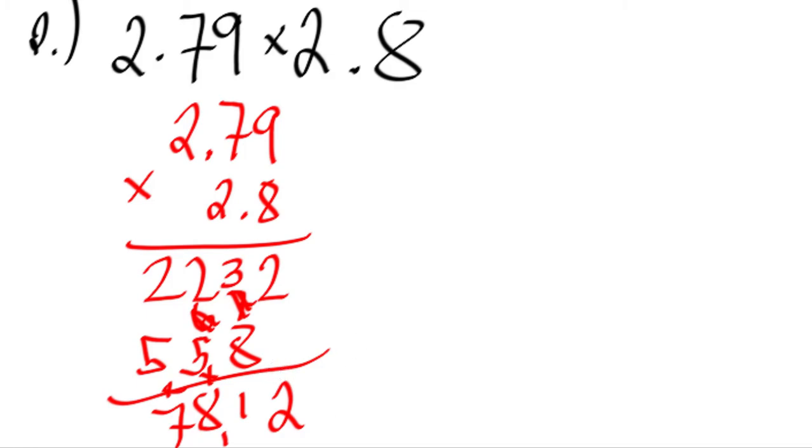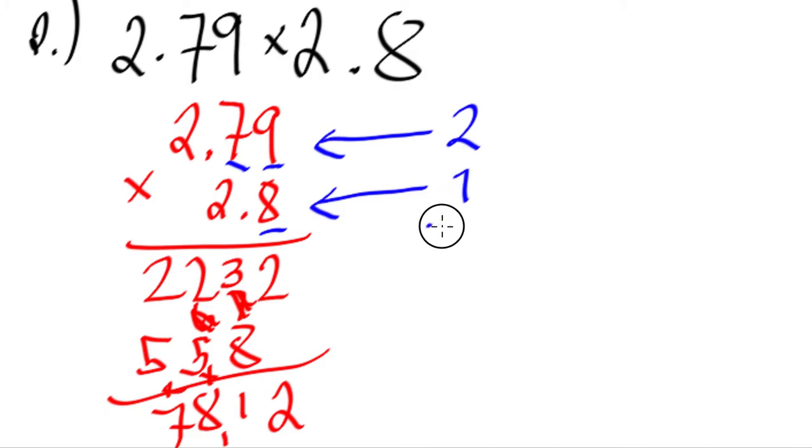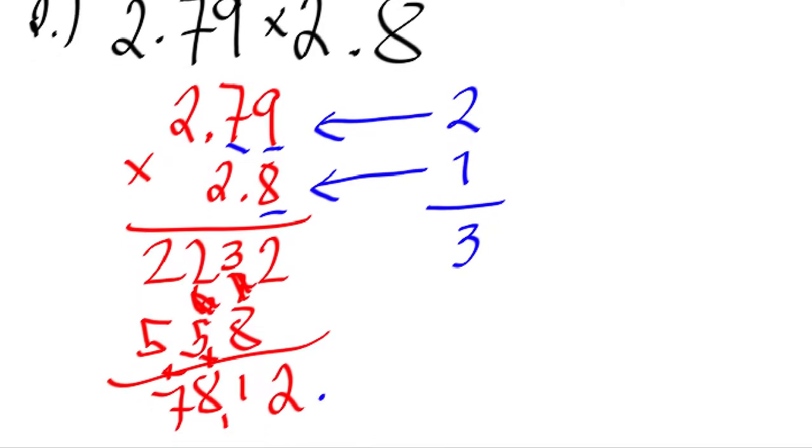Now we need to count how many decimal places there are in this factor and also in this factor. We have 1 and 2 for the first factor, and we have 1 in the second factor. So overall, we have three digits to the right of the decimal point. Therefore, we're going to count from here, going 3 steps to the right.